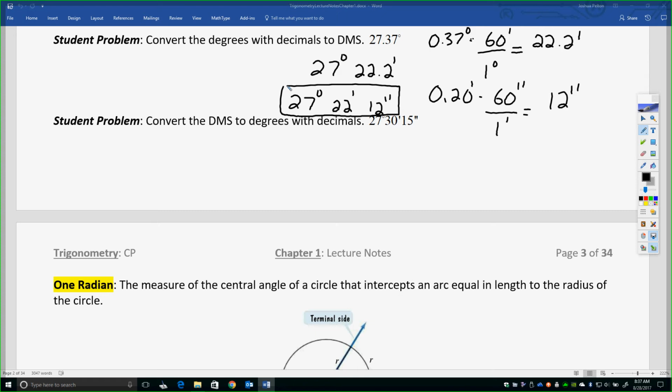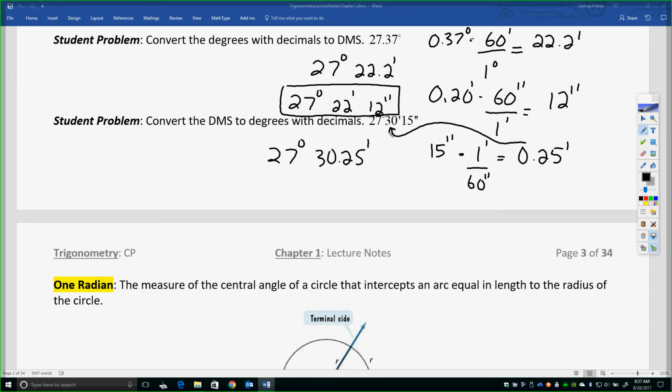So we have 15 seconds. So that's 1 minute to 60 seconds, which gives me 0.25 minutes. So therefore I have 27 degrees and 30.25 minutes when I add that on to what I had before.